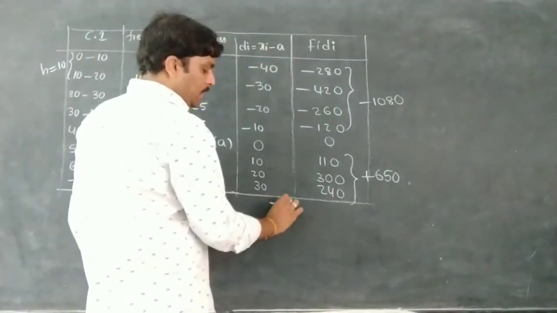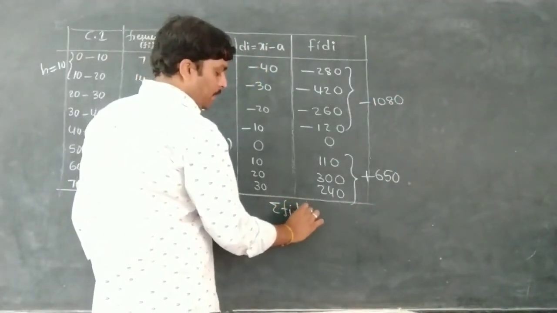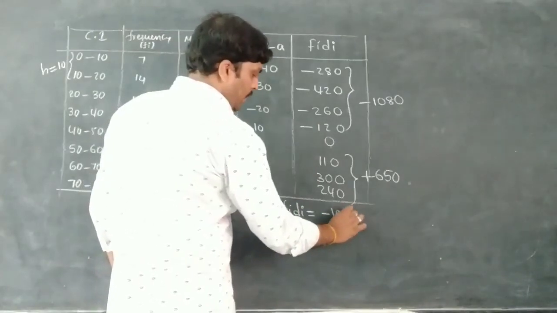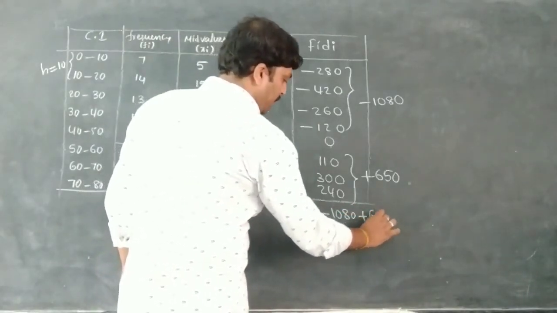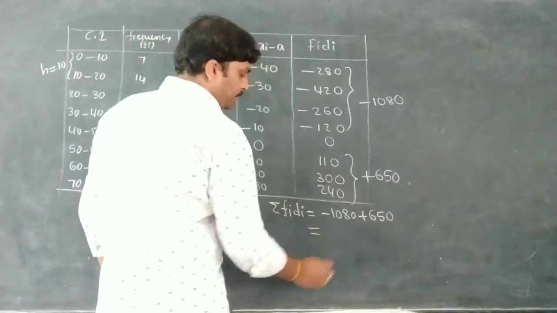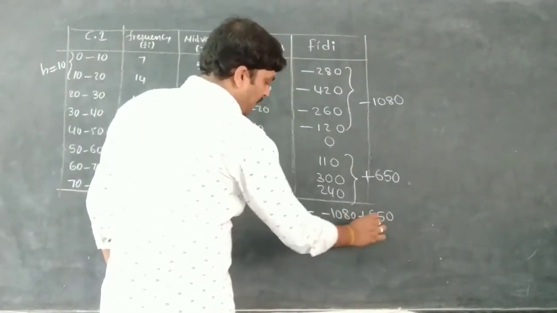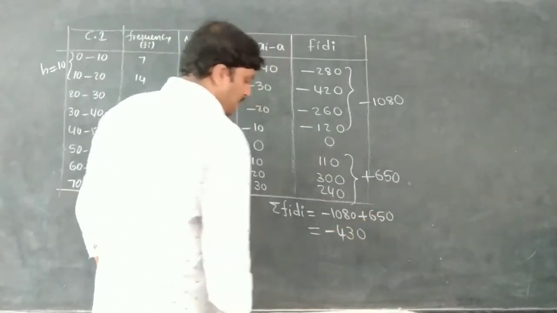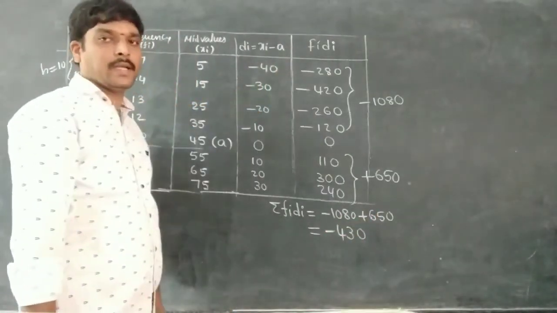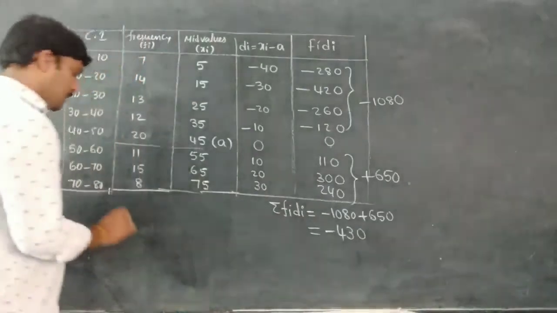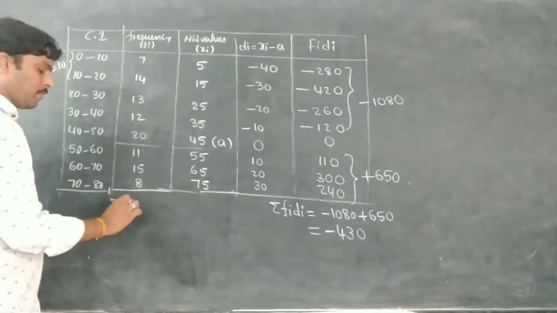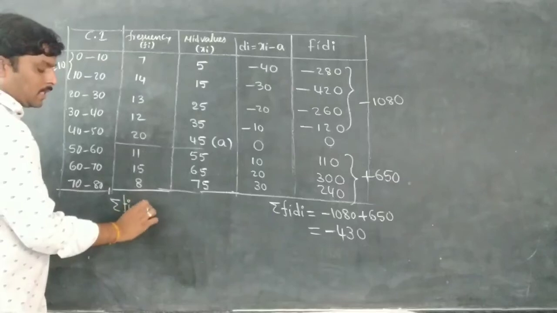Now we need sigma fi di: minus 1080 plus 650. Both subtract. We get minus 430. Sigma fi di is minus 430. Sigma fi, the total is 100.